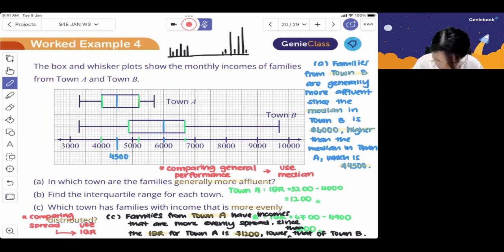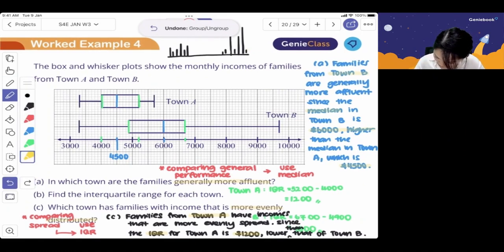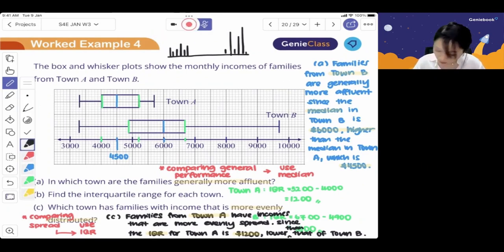Let me just remove the last plant. Assuming these are plantations, which farm is more consistent?